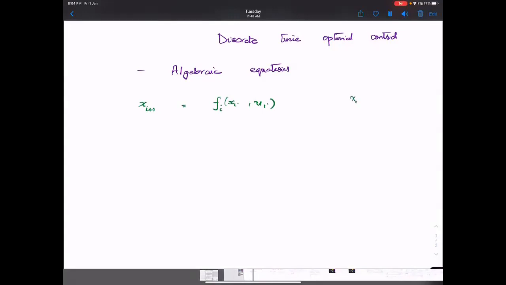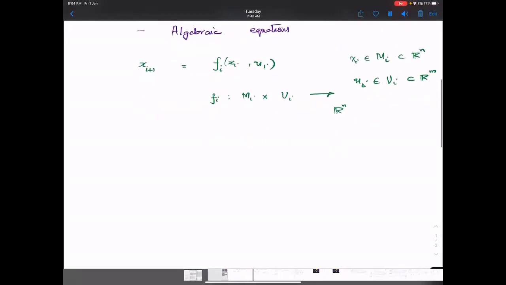So x_i could belong to some subset M_i of R^n. u_i could belong to a certain set U_i of R^m, and f_i could be a mapping from M_i cross U_i to R^n, and you could have smoothness and other related properties.